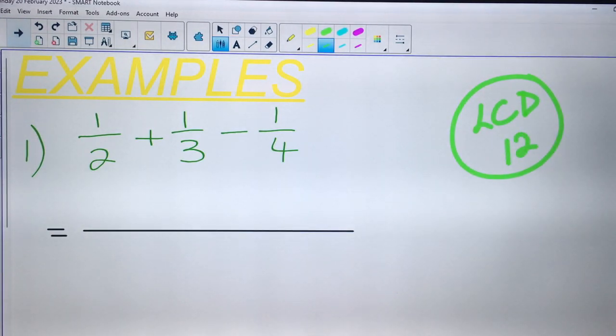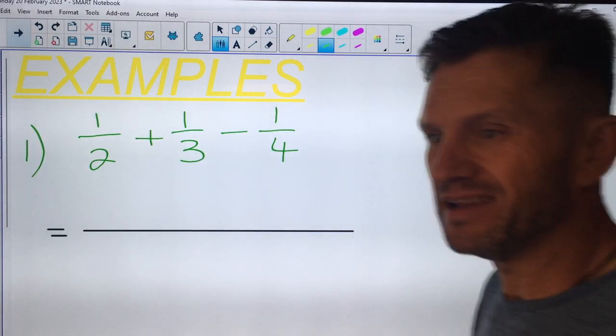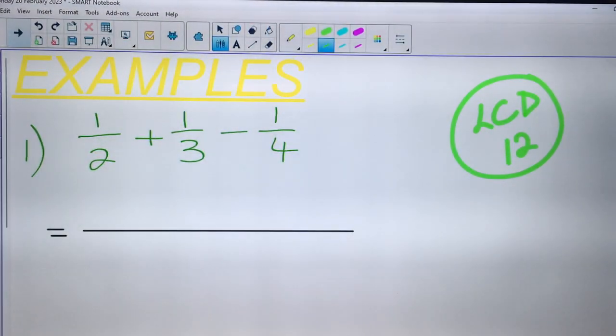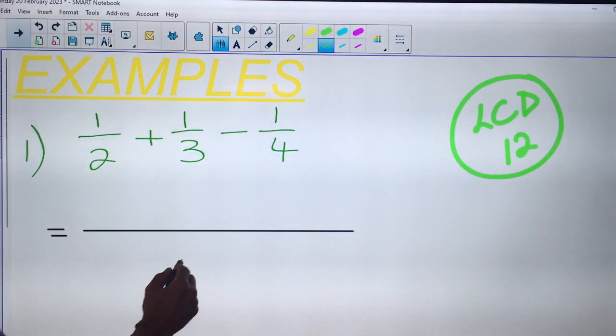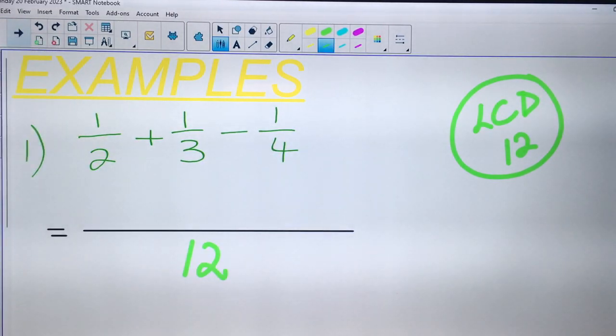So that means that we can change each one at the bottom to 12 by multiplying it by a certain number. Not the same number, but a certain number. So that means that the 12 goes at the bottom.